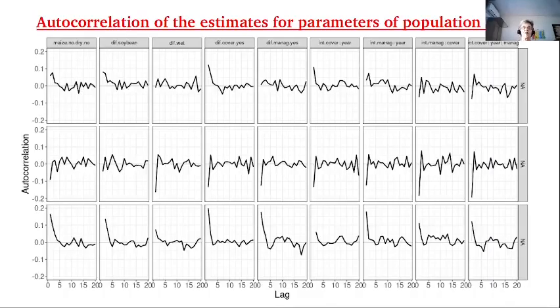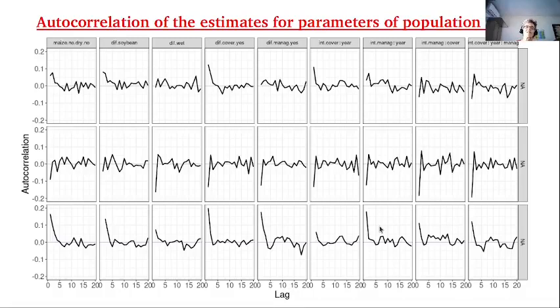So we can also have a look at the autocorrelations of the parameters having population level effects. This is for each of the chains, and we see that by and large, with the exception of some parameters for certain chains, and these also have an autocorrelation of 0.1 or 0.2, which is pretty moderate.